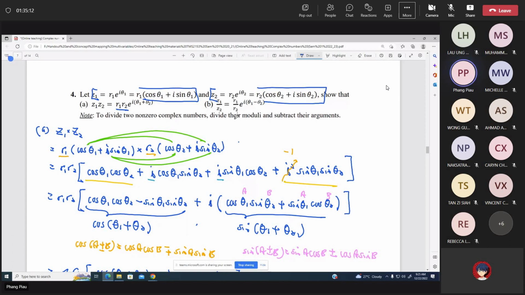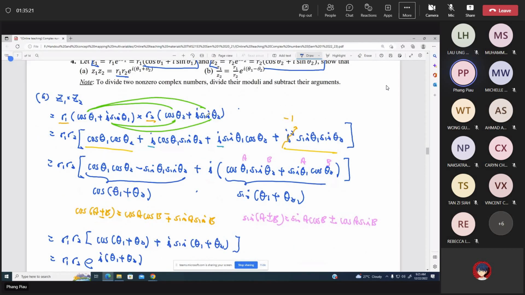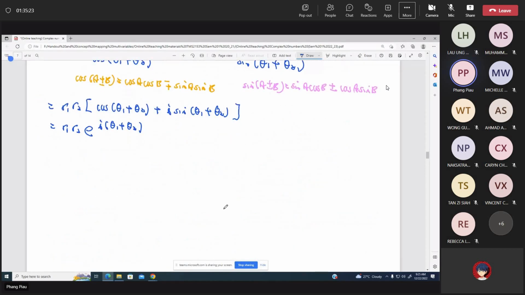Okay, then the next one is division. Division is slightly difficult for me to really explain. We are not going this way. We straight away use what we have here. The first step is to write down your Z1 and Z2.